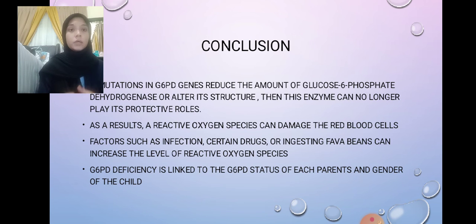So the last one, we have the conclusion. If a mutation in the G6PD gene reduces the amount of glucose 6-phosphate dehydrogenase or alters its shape, this enzyme can no longer play its protective role, because the main role of the G6PD enzyme is to protect our red blood cells from harm.